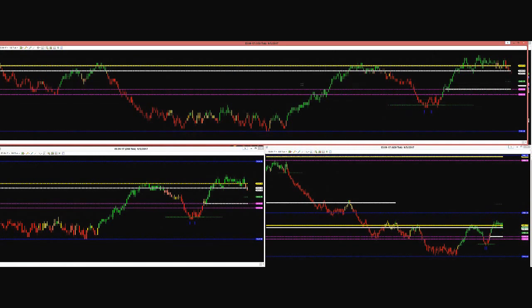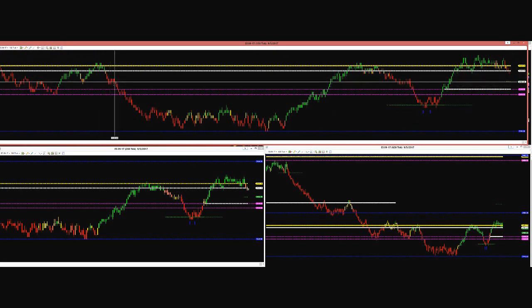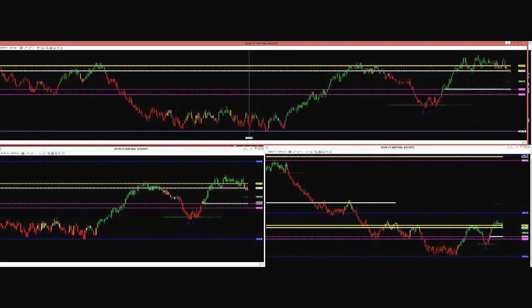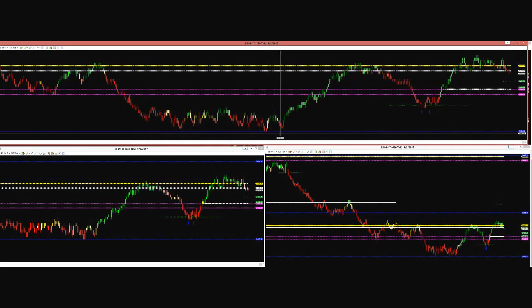Let's look at the accuracy on the 150 ticks, and we can see where this market struggled and when it projected. You can see this line has been there for a very long time, and you can see how the market came in exactly to the support line, and how the market again projected from the same numbers.